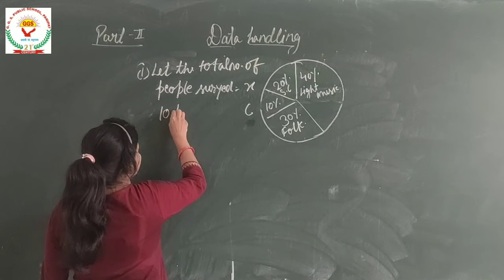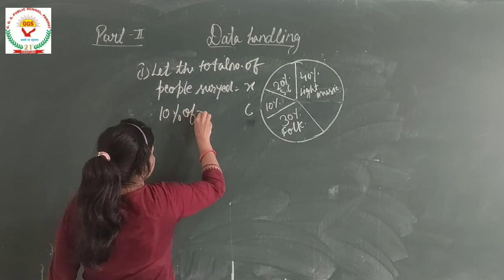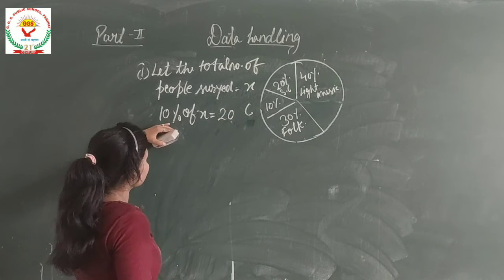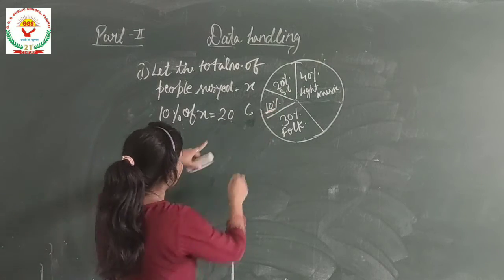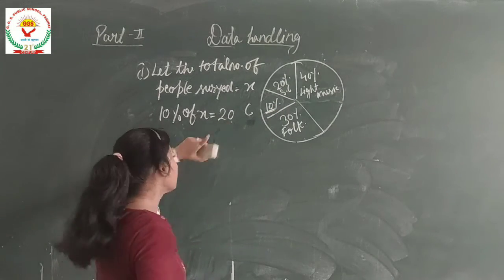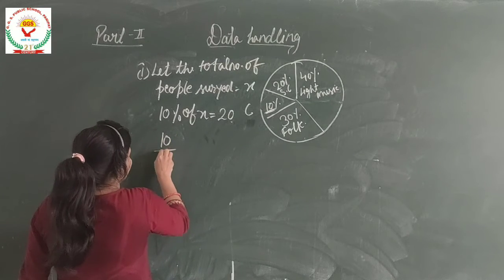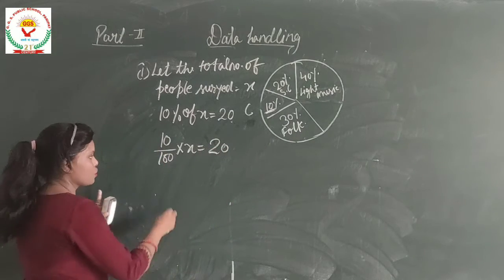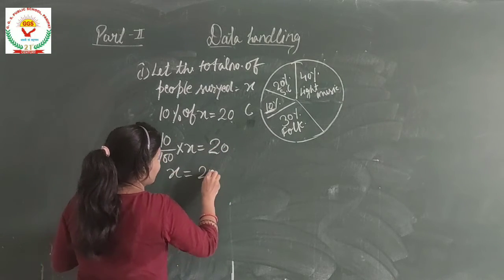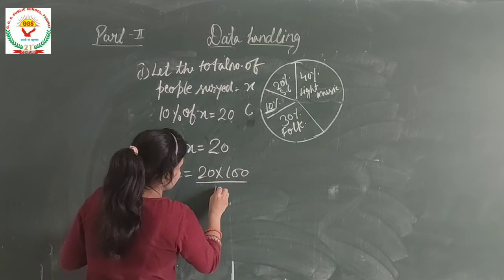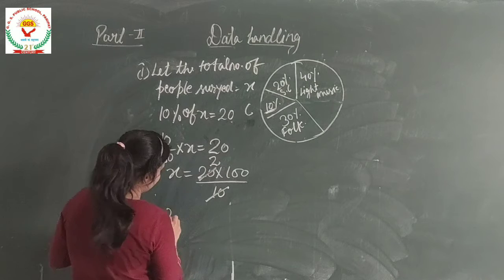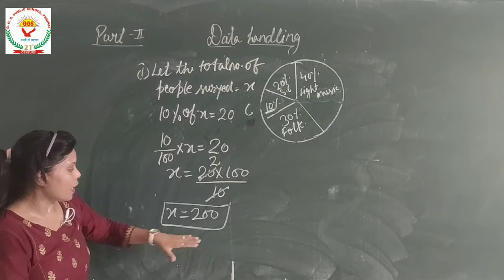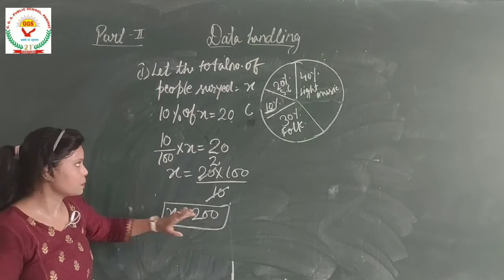We are given that 10% of x is equal to 20. Now on solving, we get 20 multiplied by 100 divided by 10, that is x equal to 200. So this shows that 200 people were surveyed, right?